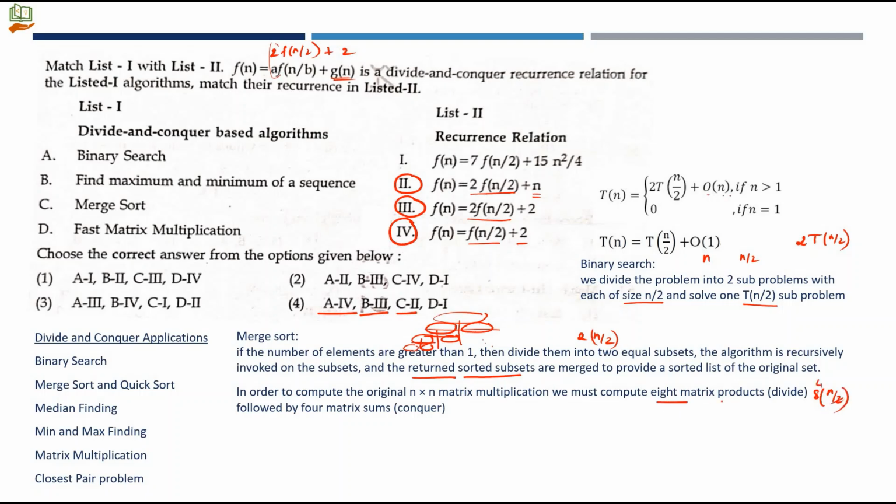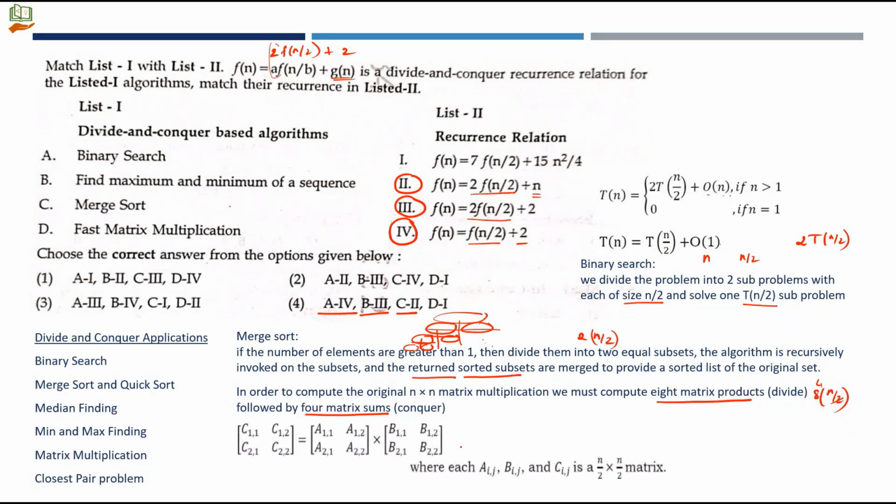So 8 matrix products along with 4 matrix sums will be there. The matrix product part is the divide strategy, followed by 4 matrix sums, which is the conquer strategy. This is what the representation will be when we take n by 2 cross n by 2 matrix. That is what is mentioned here.